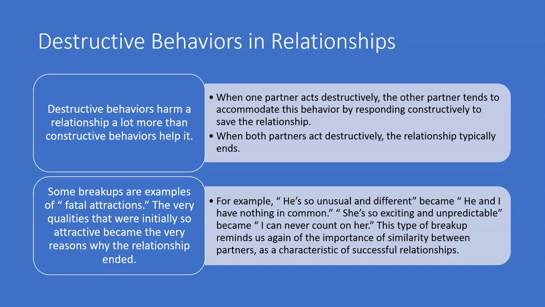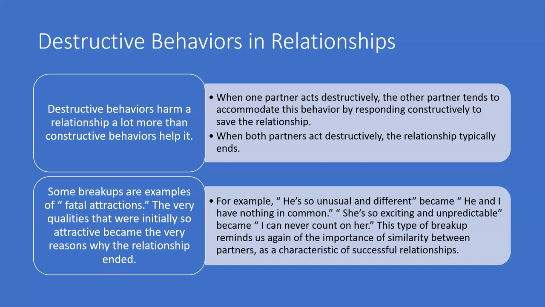So, if you come into a relationship because someone was exciting, unpredictable, unusual, different, whatever, that can morph pretty quickly into, I can't count on you. You do these things that are unpredictable. It makes me anxious.